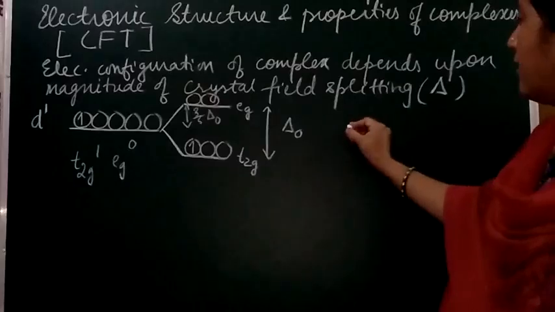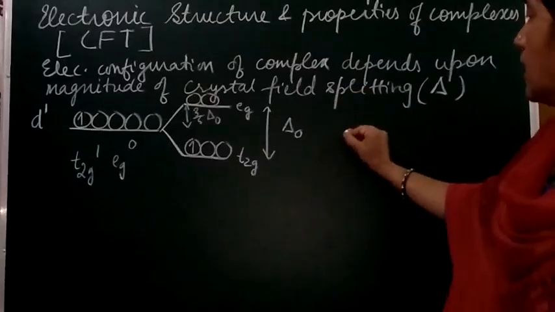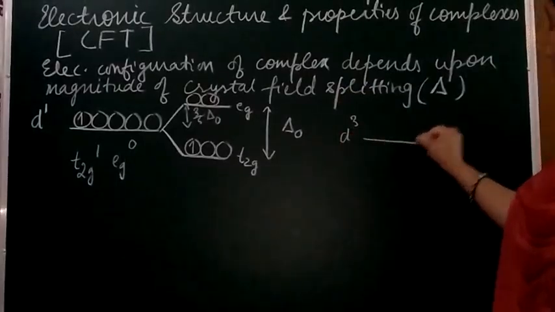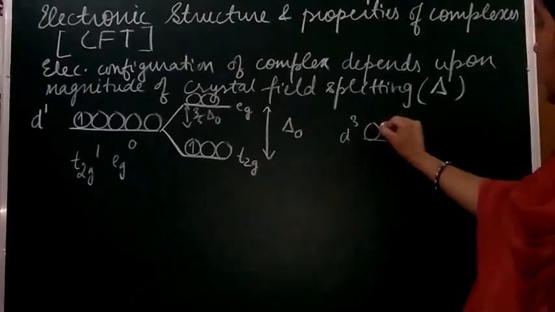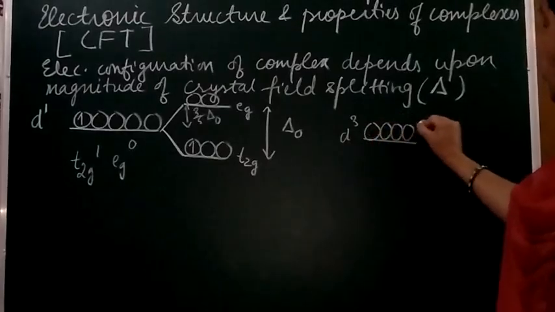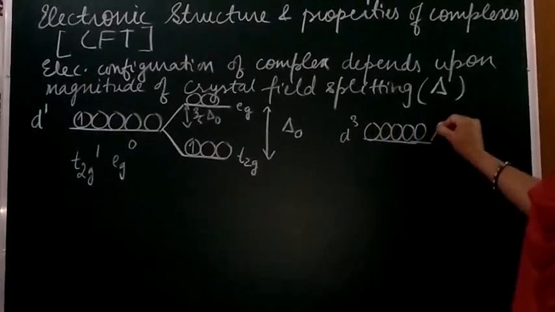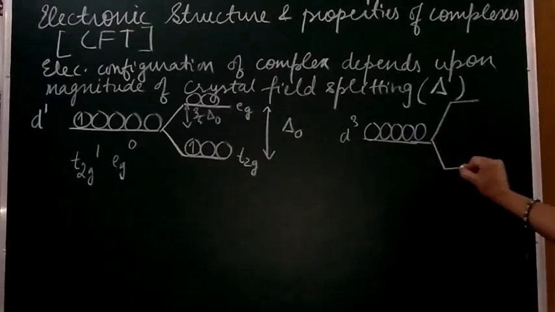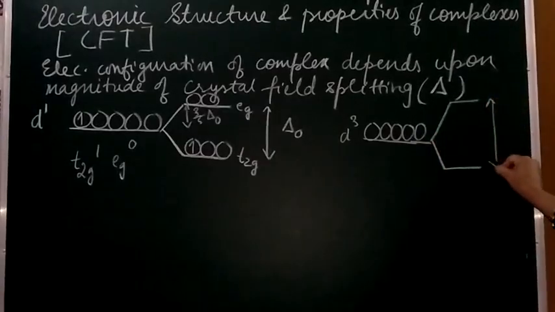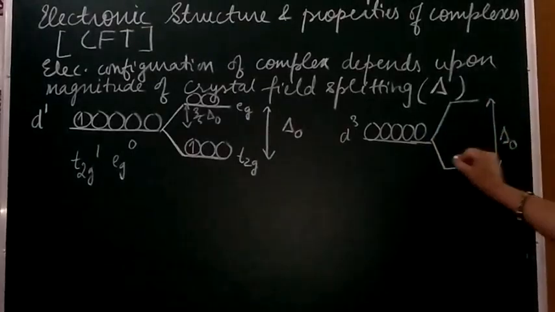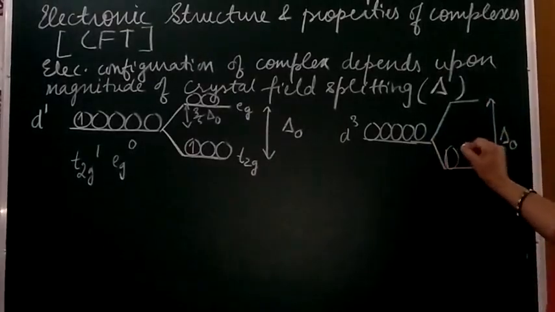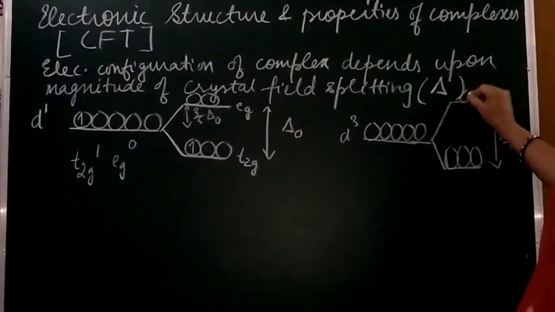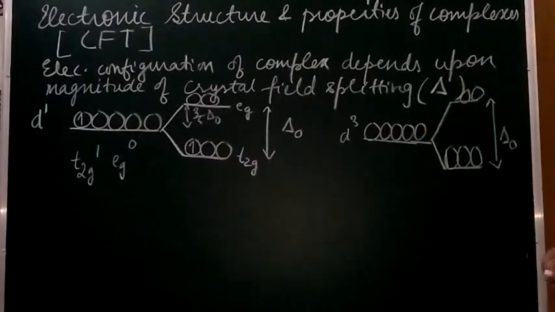Now, similarly we can do for d2, and I am doing here for d3. Here we will first show the five d orbitals. This is the 3/5 part energy that has been raised, and this is the 2/5 part which has been lowered. This is delta naught. Here we have 3 t2g orbitals, and here 2 eg orbitals.